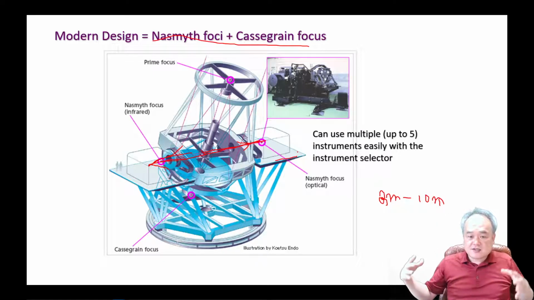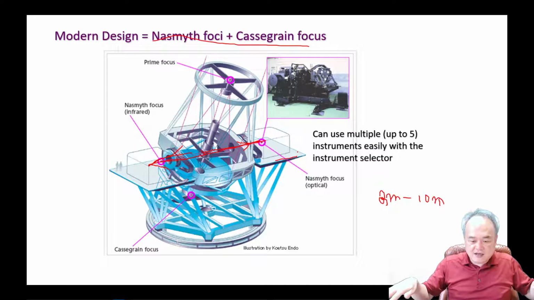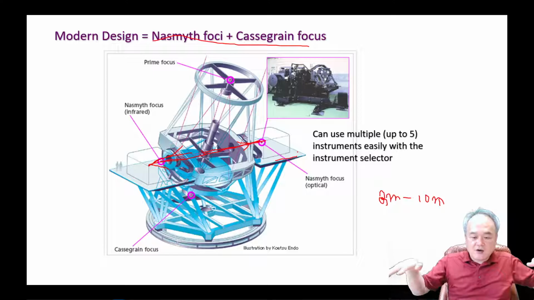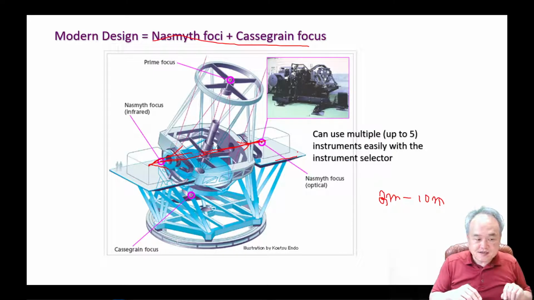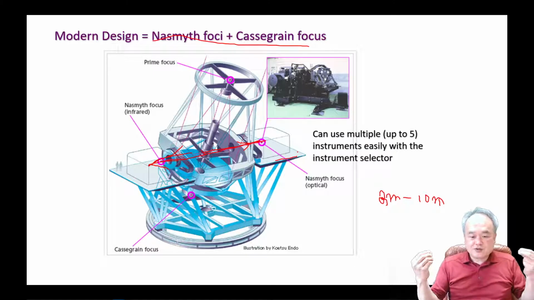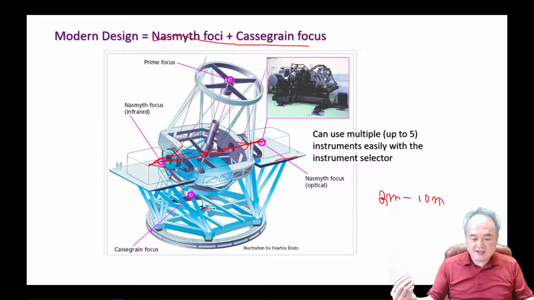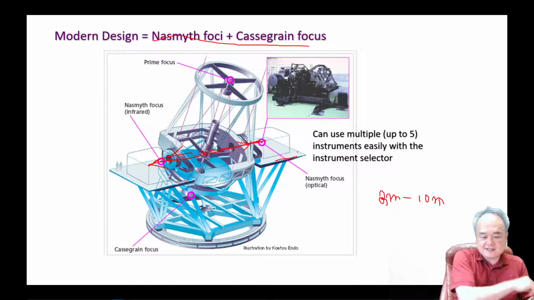So that means really heavy instruments can be mounted and utilized at the Nasmyth focus, at the observatory floor level. Because you have two Nasmyth foci, by rotating this tertiary mirror, you can choose either the right side Nasmyth focus or the left side.